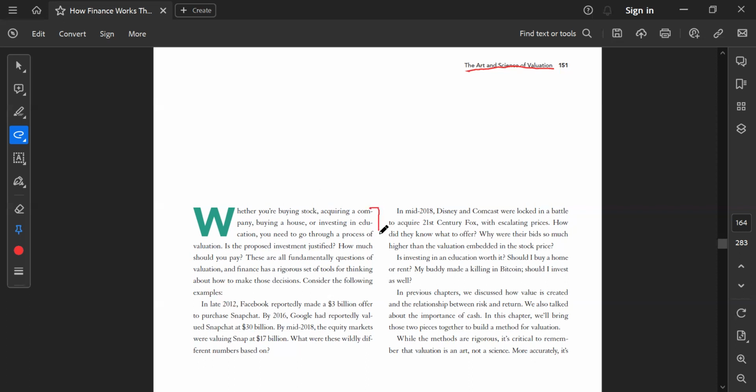Here it says that there are different instances in life when we come across situations where we need to value a particular asset, right?